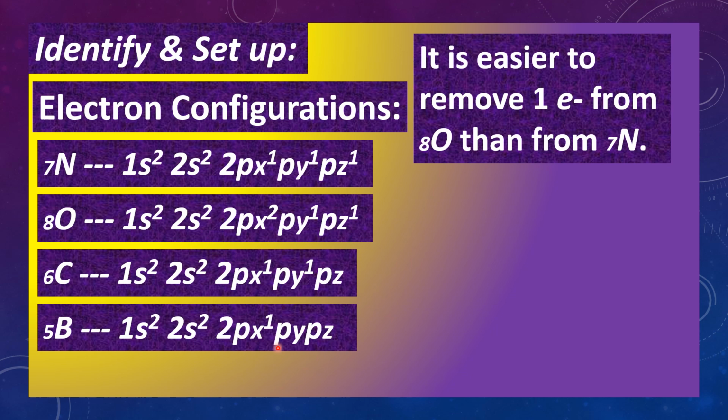So only one p orbital is half filled with an electron. So again, what do these configurations of carbon and boron tell us about their ionization energies?